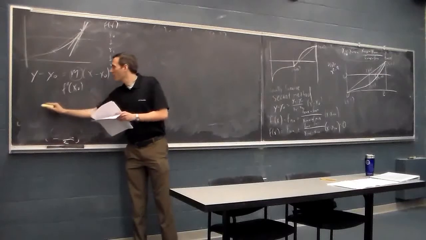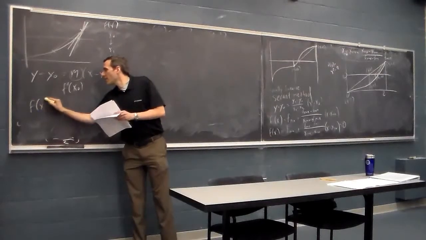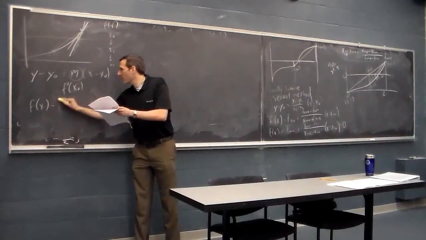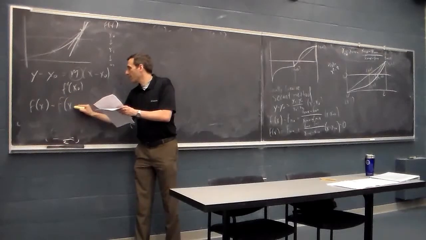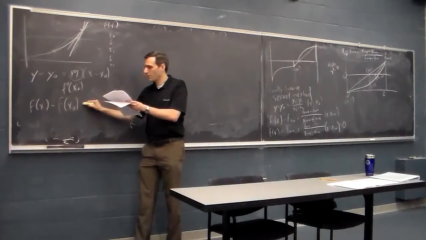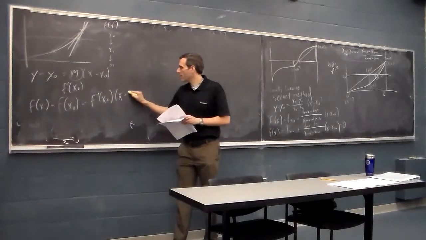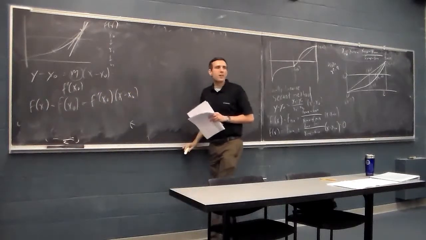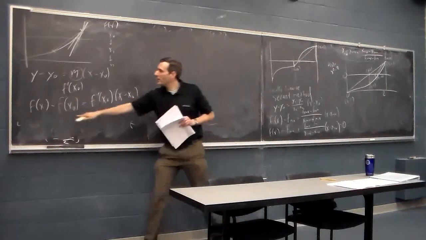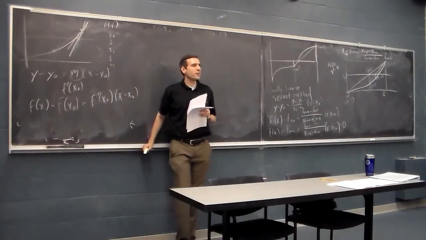So in other words, what we're going to do is pretend our function f is linear by looking for a solution to f of x minus f of x0 equals f prime of x0 times x minus x0, and try to solve for the x that will make f of x equal to 0.